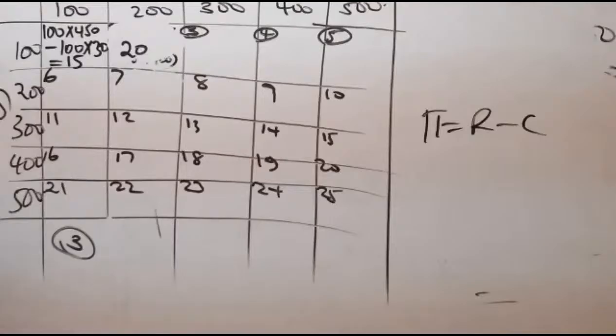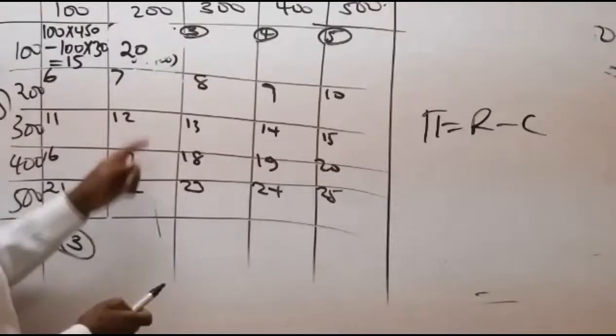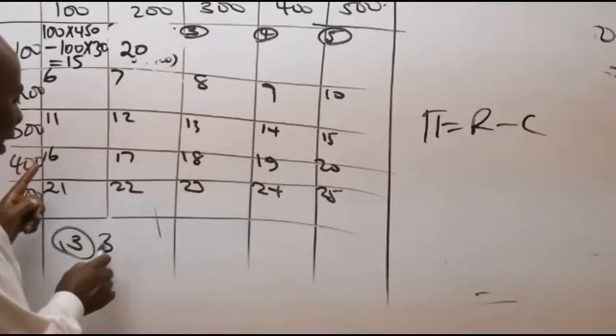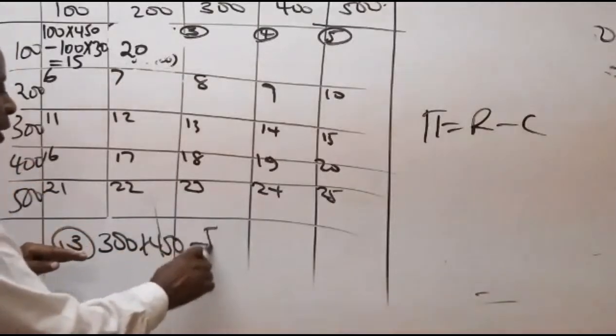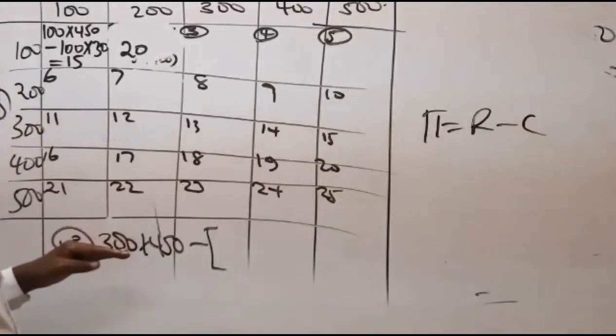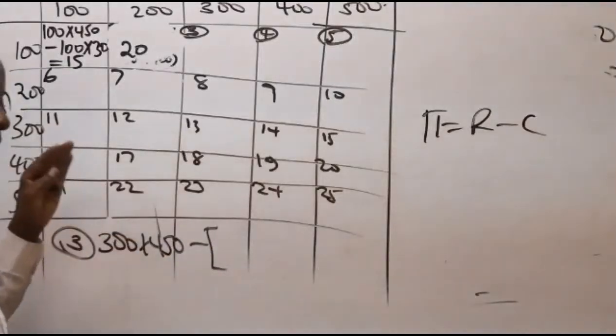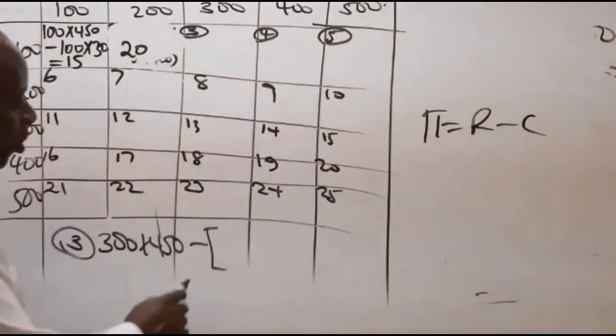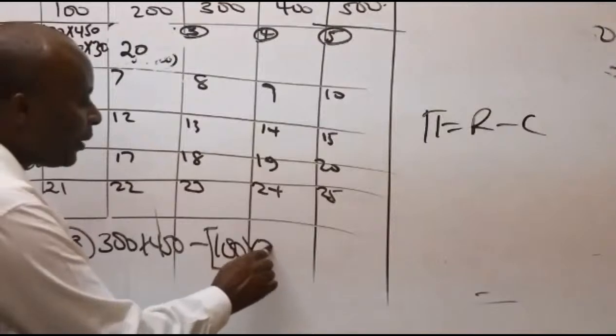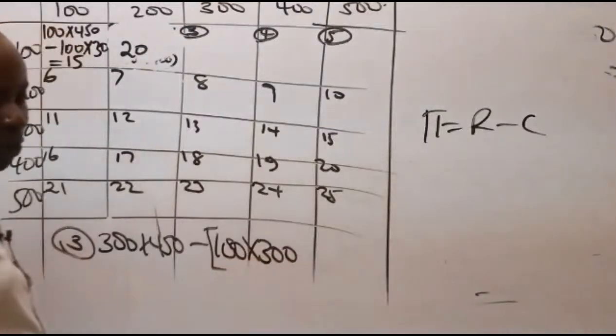In this case, we take 300 units to sell to everyone times 450, but the costs are going to be two. We have the normal cost of the order we had supplied earlier of 100, and remember, the normal cost is going for 300.